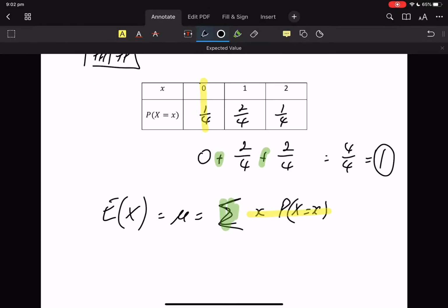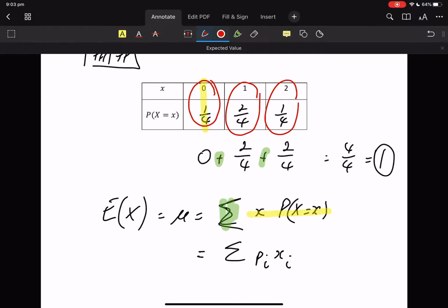In grade 12, this merges to become the sum of P subscript i, x subscript i. The i stands for an iteration. So if you think about iteration, our first iteration is small x is 0, P is 1/4. The next iteration, x is 1, P is 2/4. The next iteration is x is 2, P is 1/4.